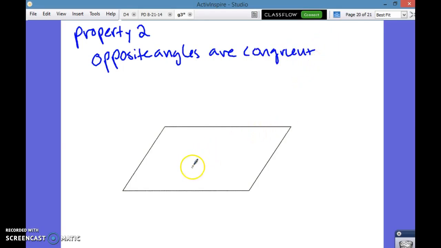And again, what I mean by opposite are things across from one another. The angle across from this one is going to be the same here. Those opposite angles will be congruent, as well as the alternate pair of opposite angles will be congruent.